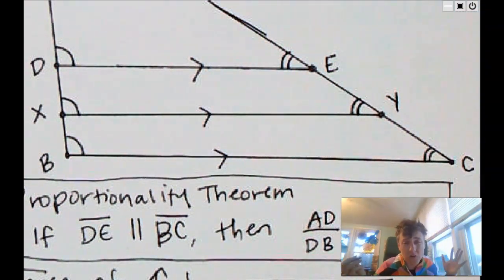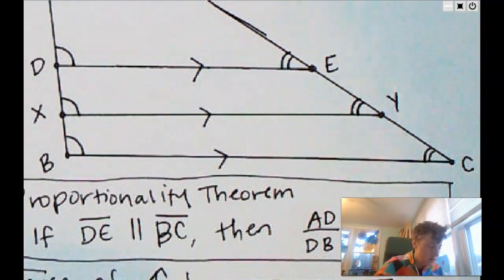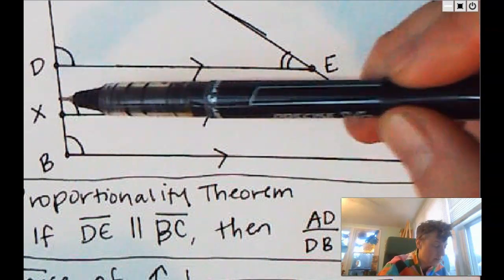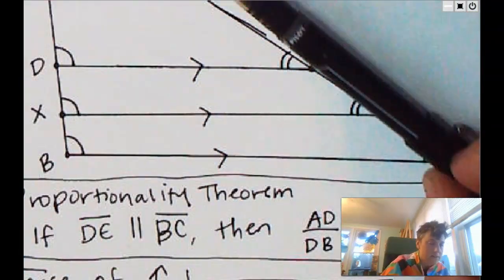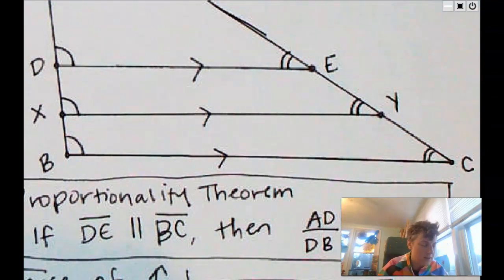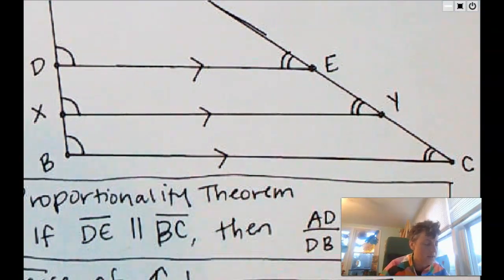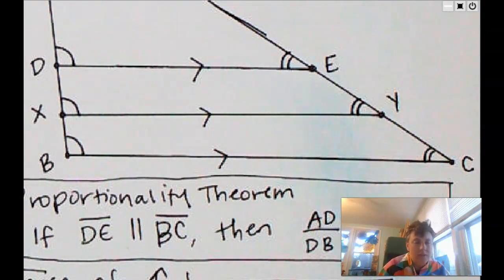That's the crux of this whole section 8.6, man. The proportions created by parallel lines chopping up these lines. So let's write that out. That proportionality statement that encompasses everything we've talked about so far.